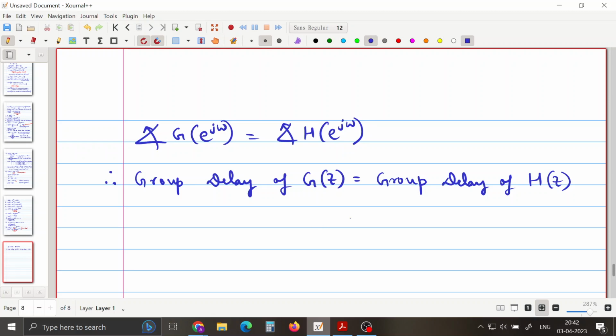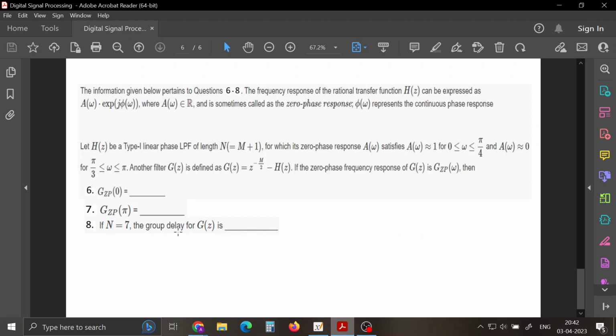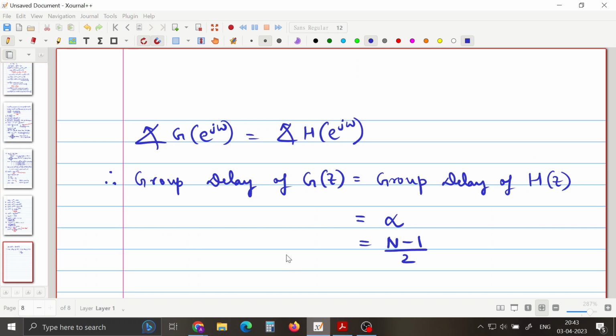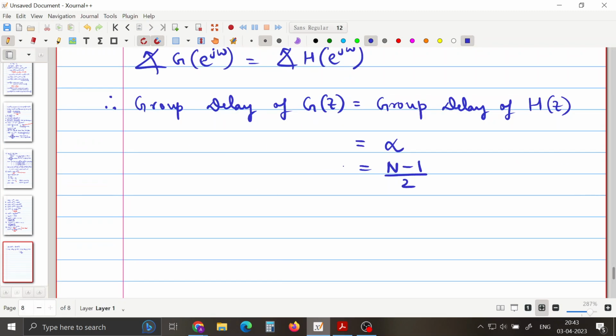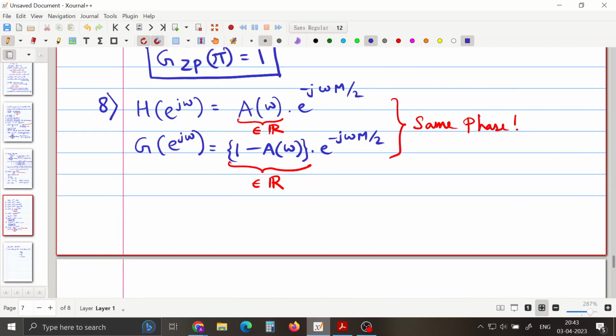And what is the group delay of H of z? It was alpha, and alpha is given by m minus 1 by 2, the length minus 1 by 2. And in question number 8, the given value of length is capital N equals 7. So if you put N equals 7, you have 3. The answer. That's the group delay.